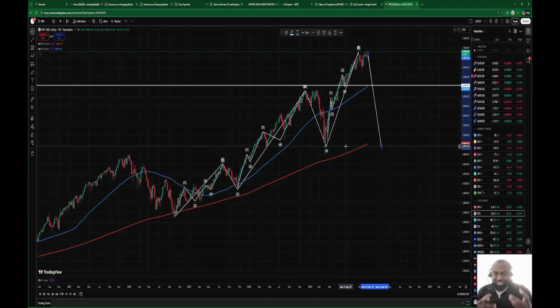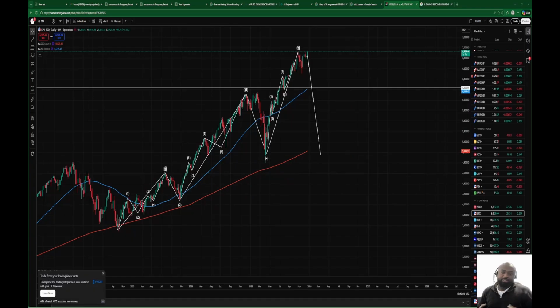So this is what I found on the chart that I thought was very interesting and I wanted to share with you quickly. There can even be more to this if we consider the chart in terms of chart patterns.